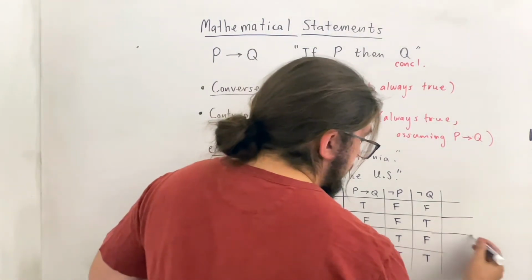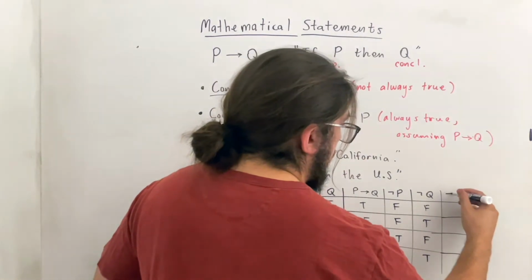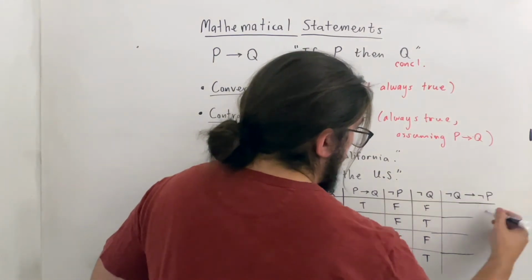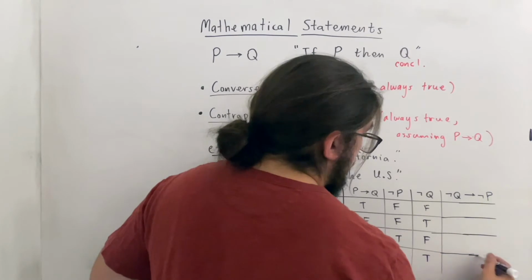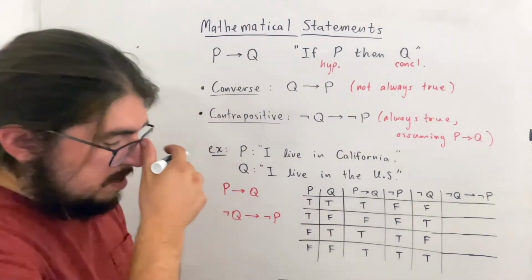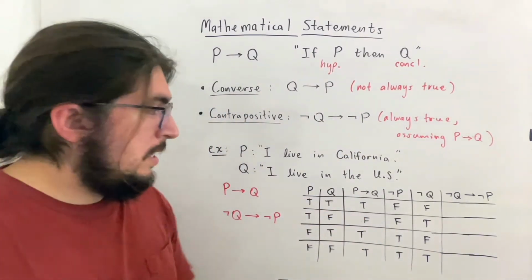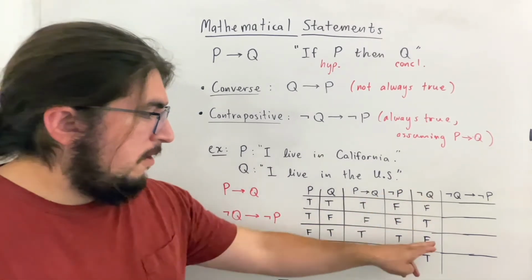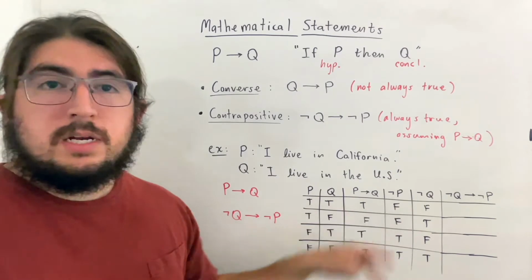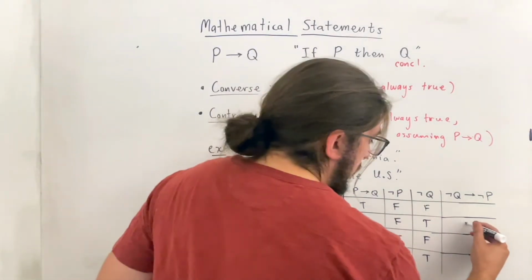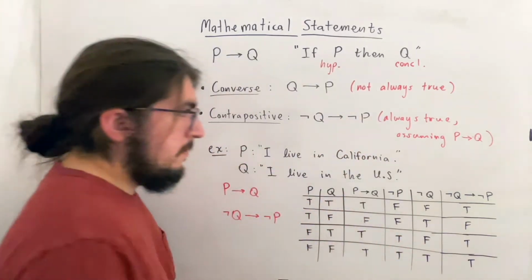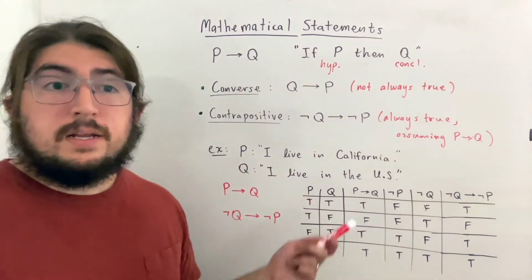So now, what about not Q implies not P? When is this true? Let's think about this for a second. We're saying that this would imply that. Now remember, false can imply truth, but truth cannot imply false. So this would be the only one that's false, and the rest would be true. That's how you set up a truth table for conditionals.